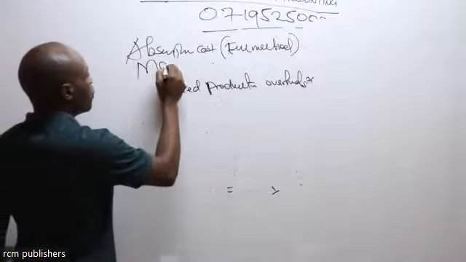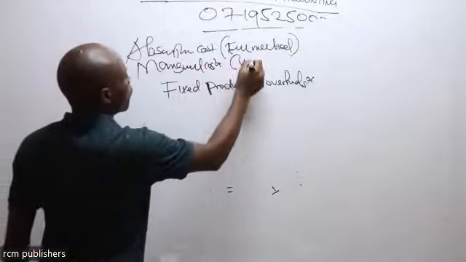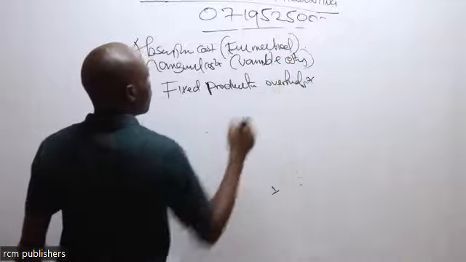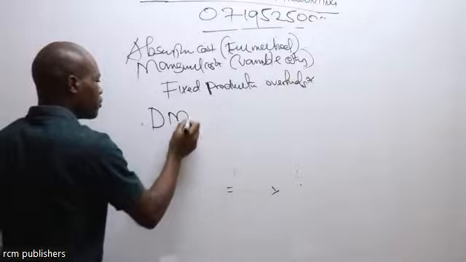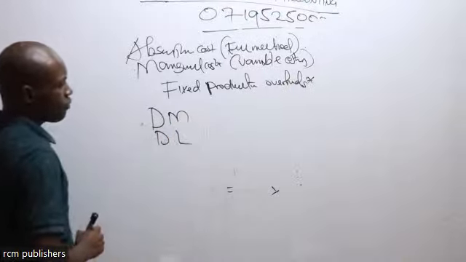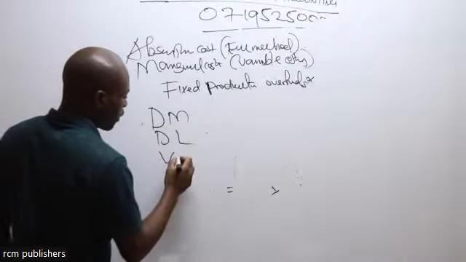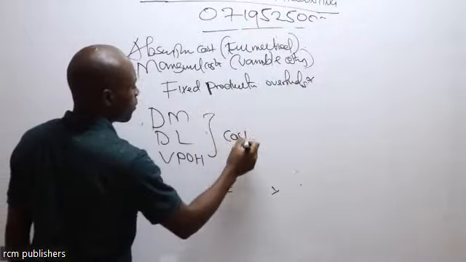Then we have marginal costing, which we call variable costing system. So the marginal costing only recognizes direct material, direct labor, and any other variable production overhead to be cost of the product.